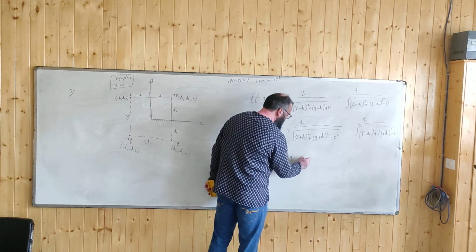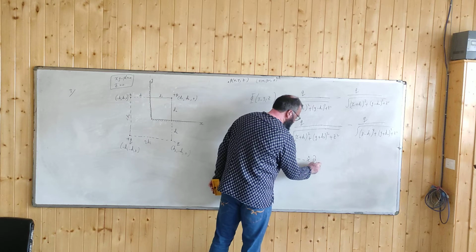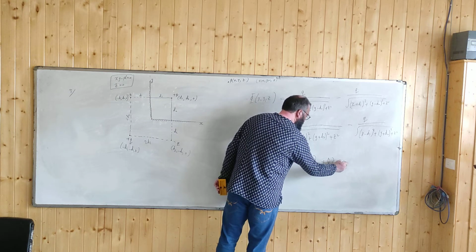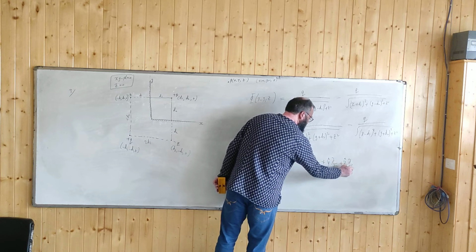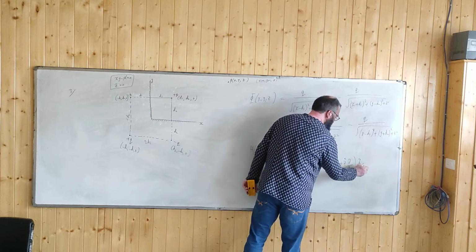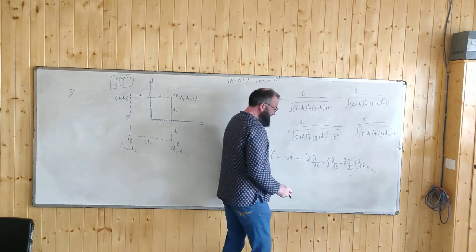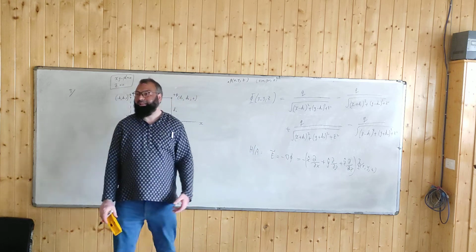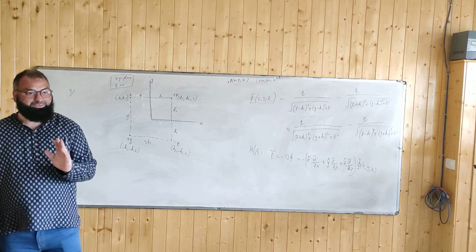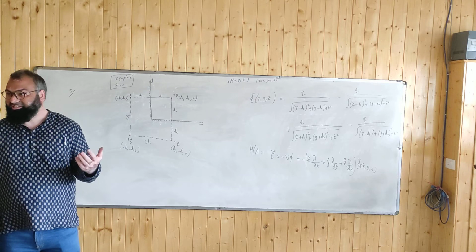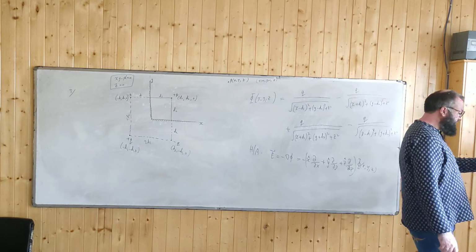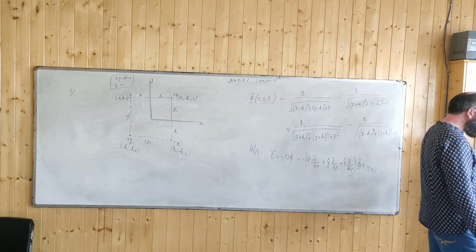So it is minus x-hat partial by partial x plus y-hat partial by partial y plus z-hat partial by partial z. It's simple differentiation. So you will get the electric field in x direction, in y direction, and in z direction at an arbitrary point. Got it? Now let's calculate the electric field in the regions.